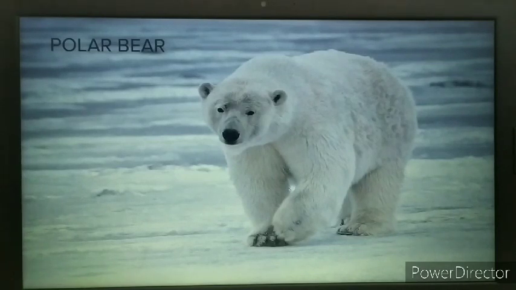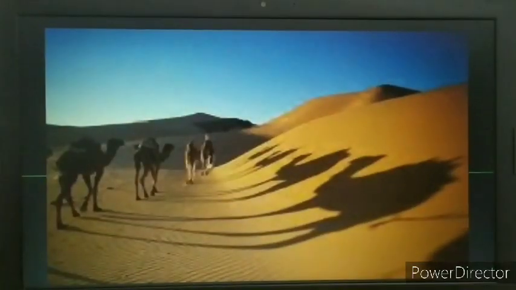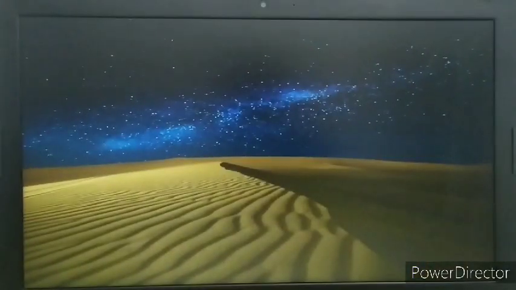During the daytime it's extremely hot, but as it comes down, as it is the night time, slowly the temperature lowers. So in the daytime the desert is very hot, but when we talk about night time, it's comparatively cold enough. It also has very limited water bodies, and also the amount of rainfall is scarce.